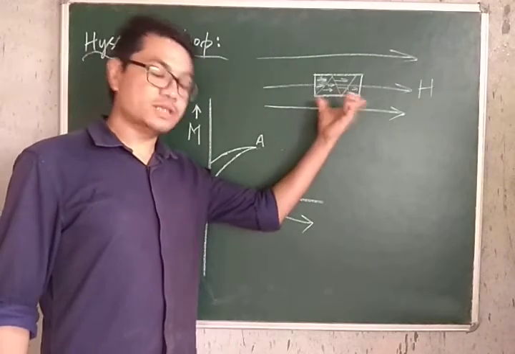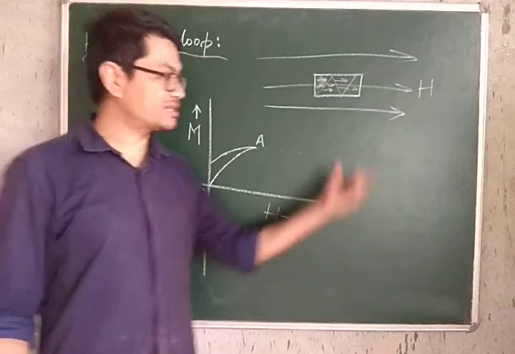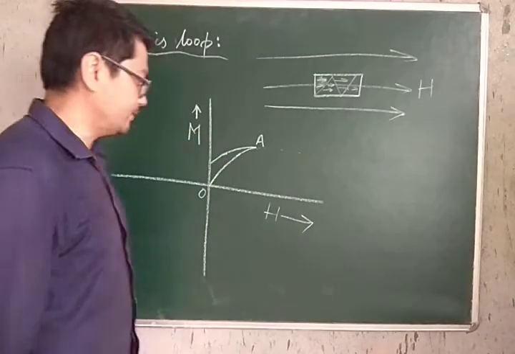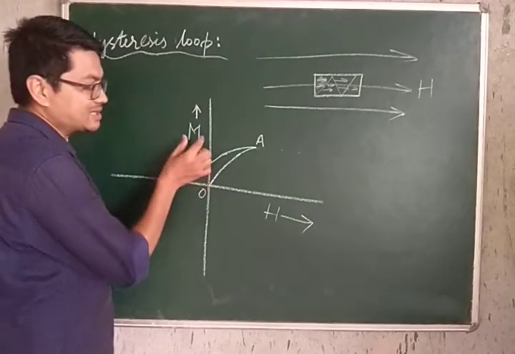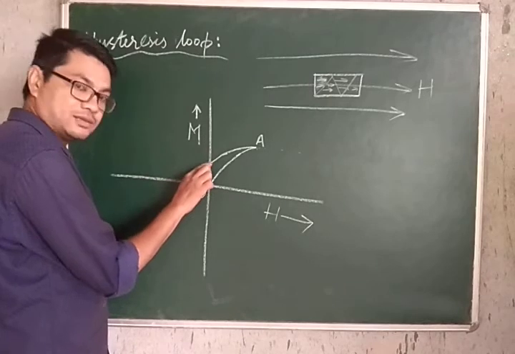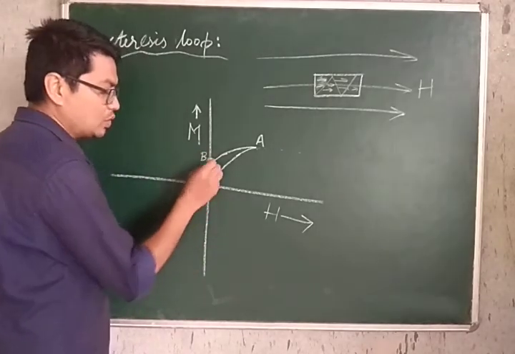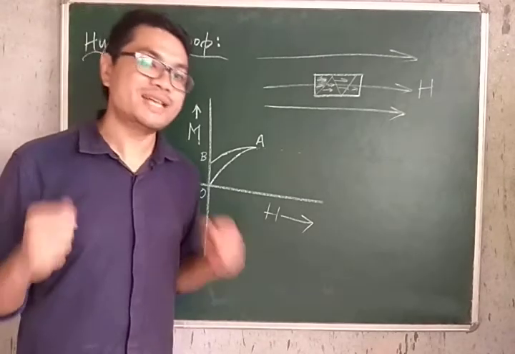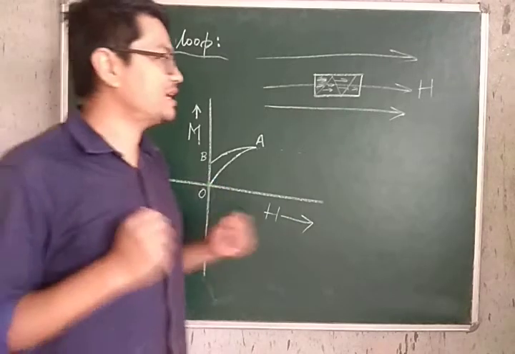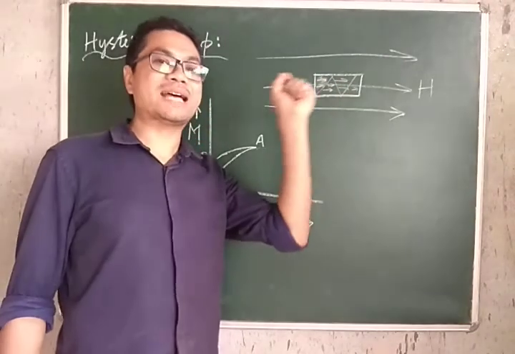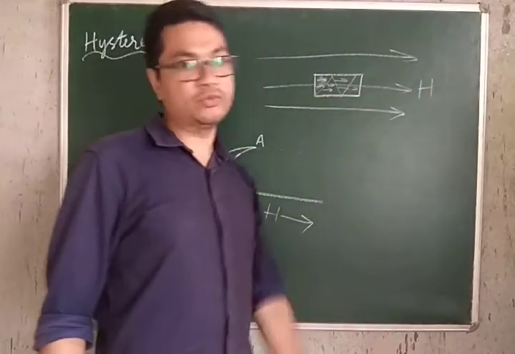So to say, it starts behaving like a magnet now, although the external magnetizing field is not there. It has retained some magnetic properties. There is some intensity of magnetization here still. Let me call this point B. This OB is called retentivity of the substance: the amount of magnetic behavior the ferromagnetic substance has retained, although the external magnetizing field is removed.